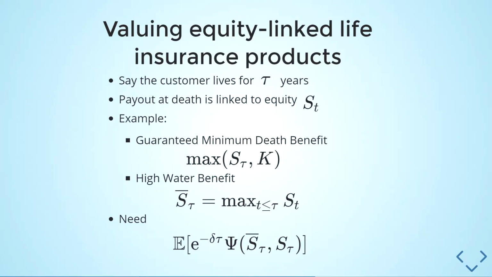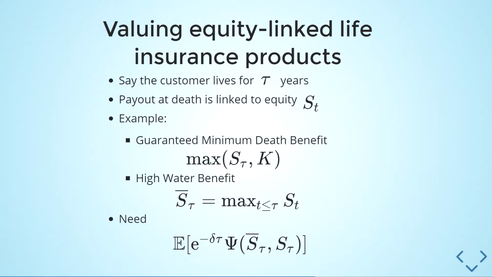So back to the problem that we actually had. You're the insurance company. You want to price this insurance product, which is an equity-linked payout. Your customer lives for an unknown amount of time, tau.